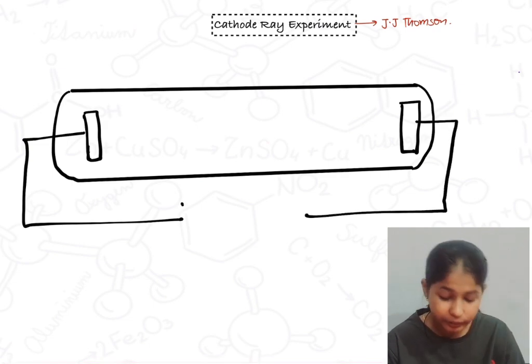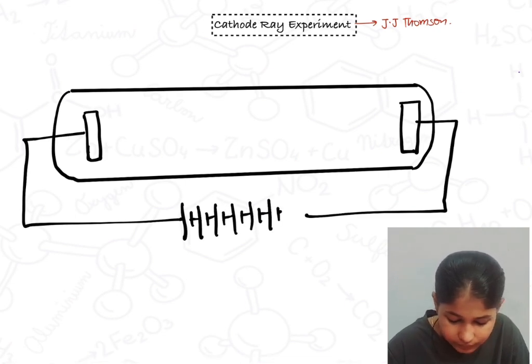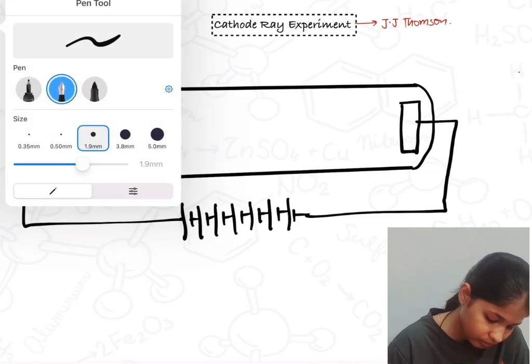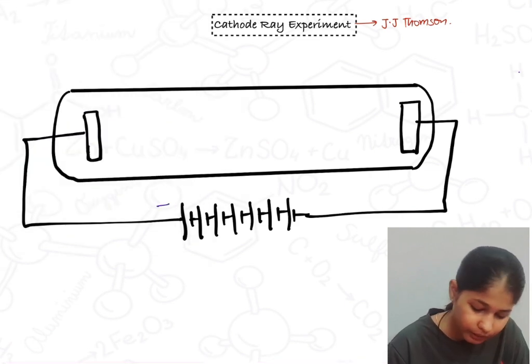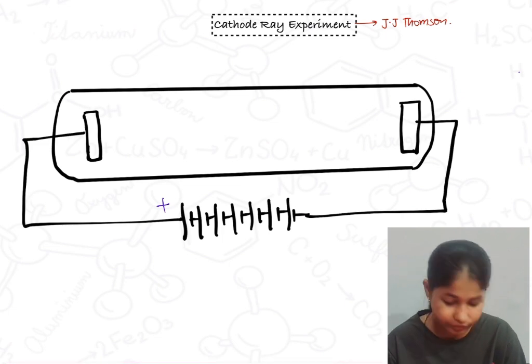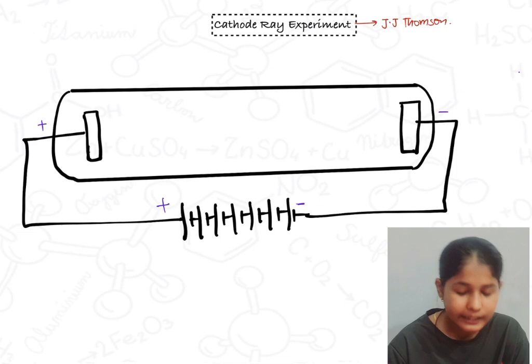Two electrodes, and these electrodes were connected to an electrical source. Now assume this as a positive terminal and this as a negative terminal. So this is the positive electrode, this is the negative electrode.